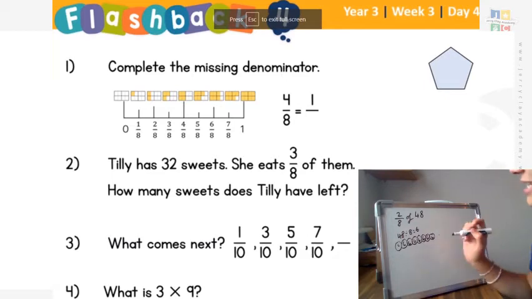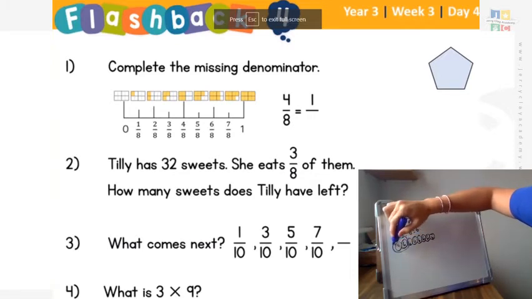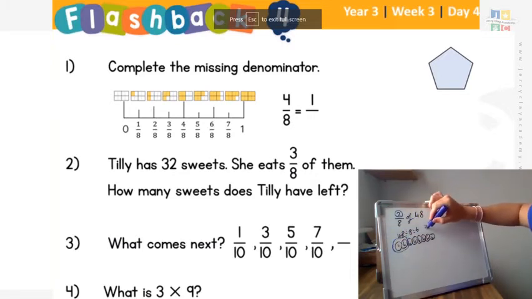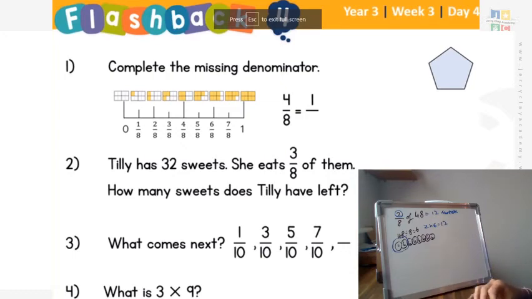However, I haven't just eaten 1/8, I've eaten 2/8. I was very hungry. So I need to do 2 lots of 6 because each is worth 6. So I ate 12 sweets.